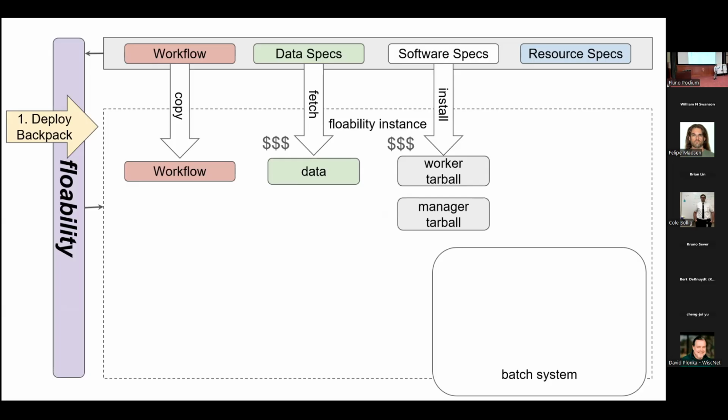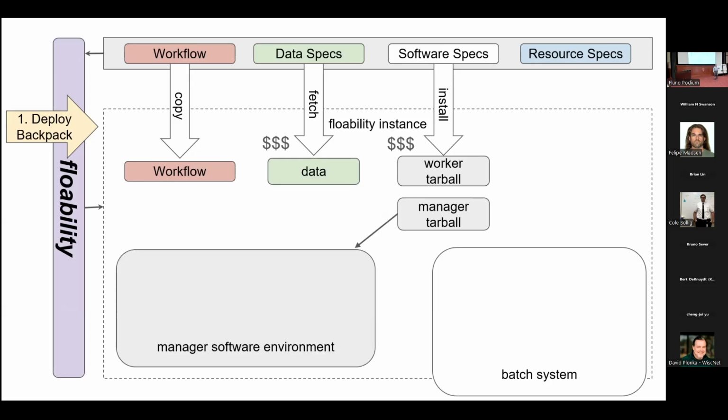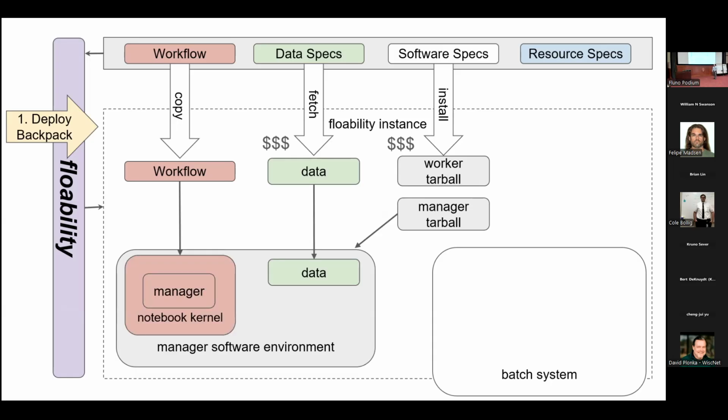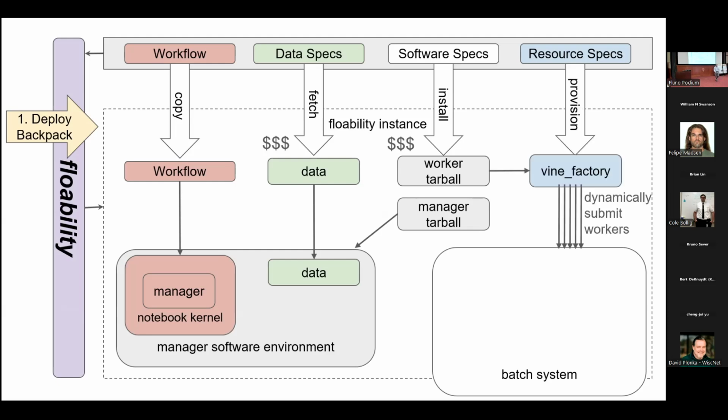And then we go and build tarballs based on the software environments that you specified. Then we can deploy the software environment for the manager side of things. We have to link the data into the namespace, and then we can run the actual notebook from the workflow, and we call this the manager side of things.